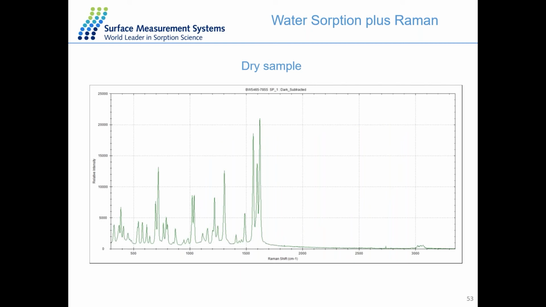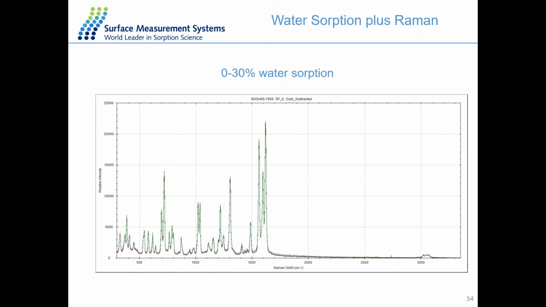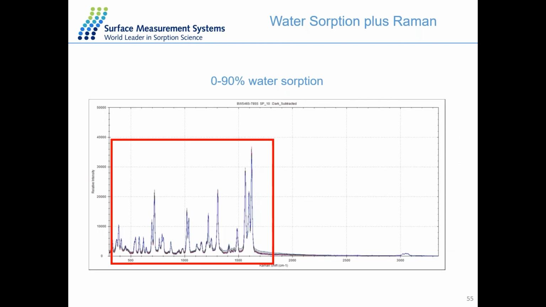What we're going to do is overlap data showing what happened when we introduce more and more water on the sample. The data that we're collecting for water specifically does not show a significant change in the position or the intensity of the peak.